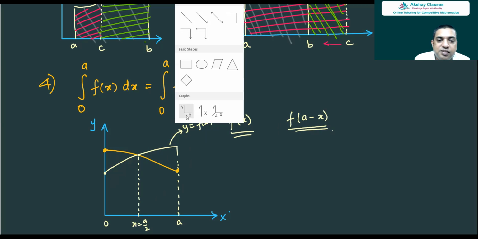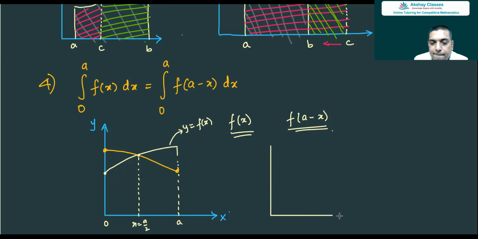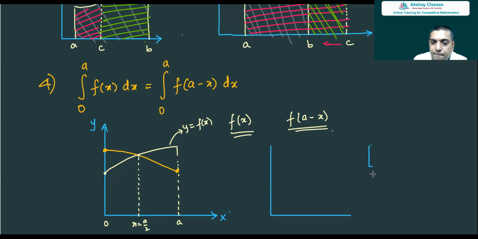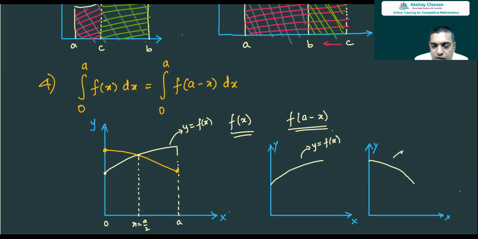So what happens is, this is y equal to f of x, and this is y equal to f of a minus x.